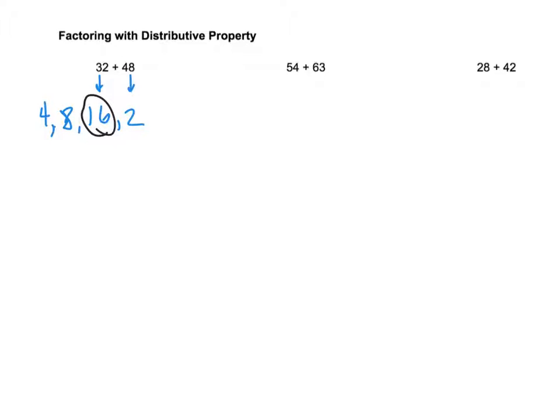So let's say this then can be written as 16 times 2, because that gives us 32. And 48 can be written as 16 times 3.